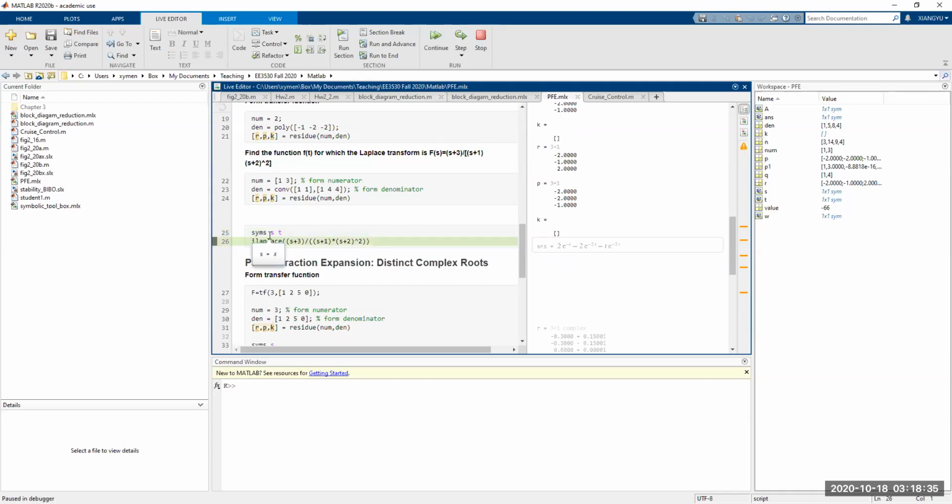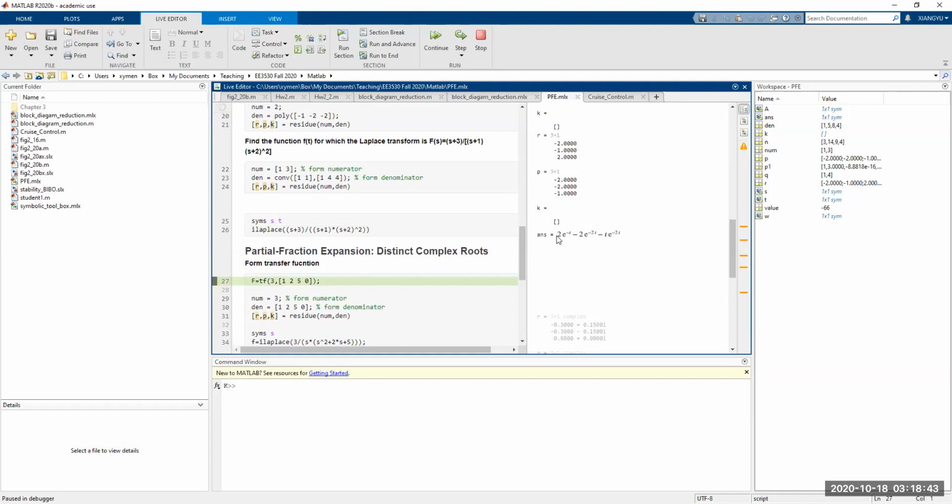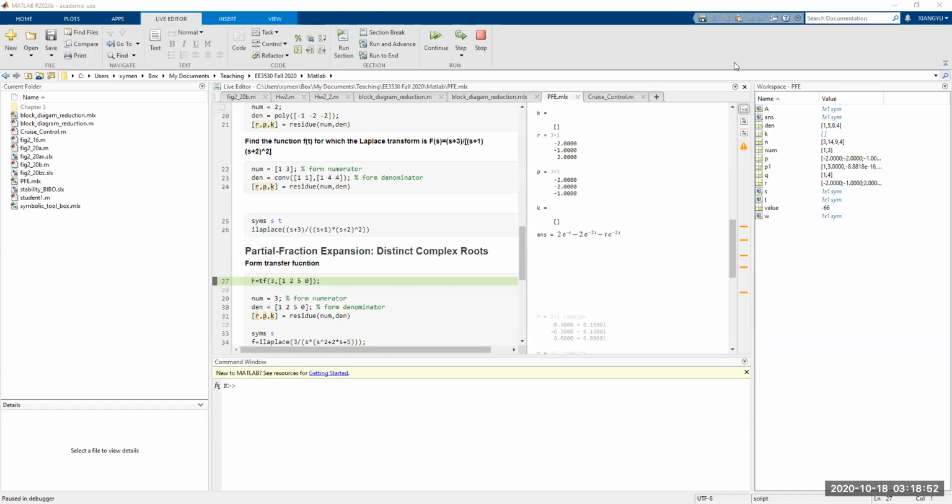Let's define symbols s and t. We use inverse Laplace. So that is the time function: 2 exponential minus t, minus 2 exponential minus 2t, minus t exponential minus 2t.